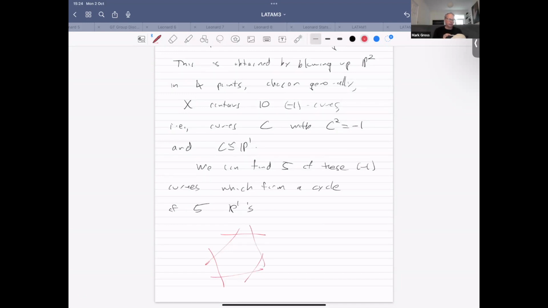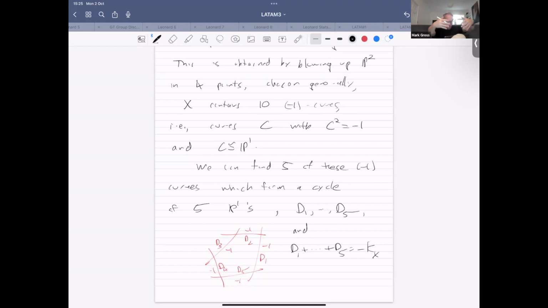And so each of these curves has self-intersection -1, a normal bundle of degree -1. I'll label these D1, D2, D3, D4, D5. And in fact, the sum of D1 through D5 is equal to -K_X.